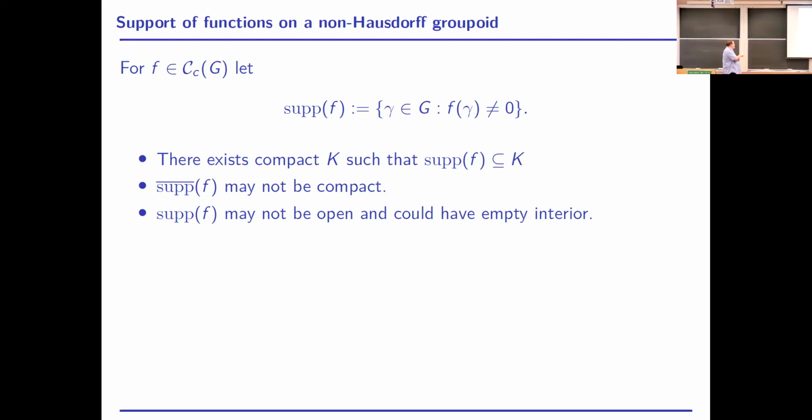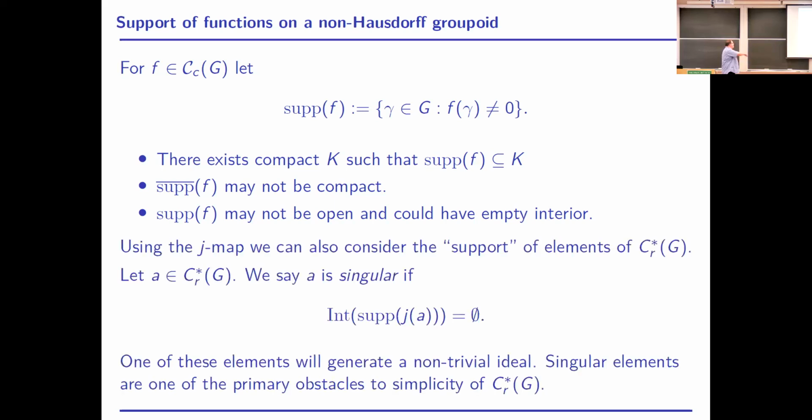But because we don't have Hausdorff, our closure may not be compact and may not be contained in that K anymore. And the support of f might not be open and could have empty interior. And so that is going to be a problem when we go to look at ideals.